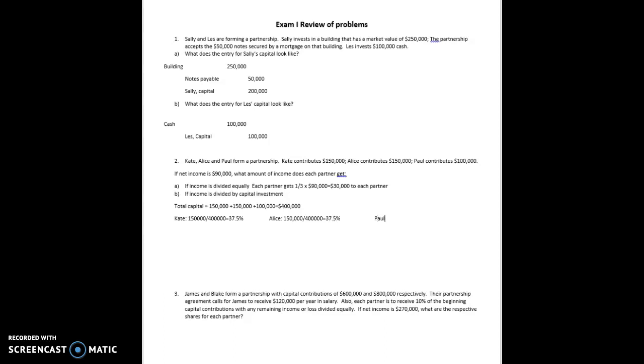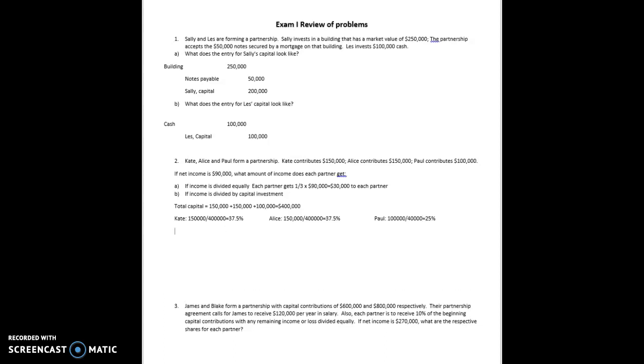Paul invested $100,000 out of $400,000, so he has a total of 25%. To double check, 37.5 plus 37.5 plus 25 does give us 100, which is what we want to make sure of first.